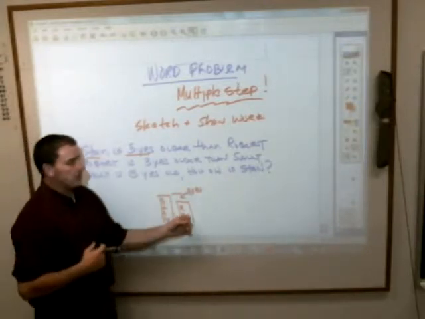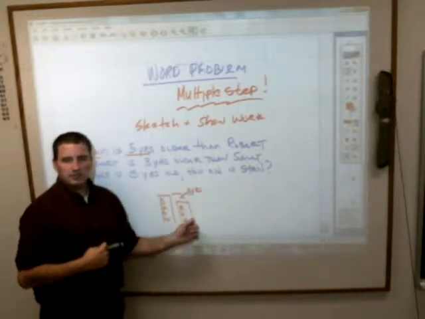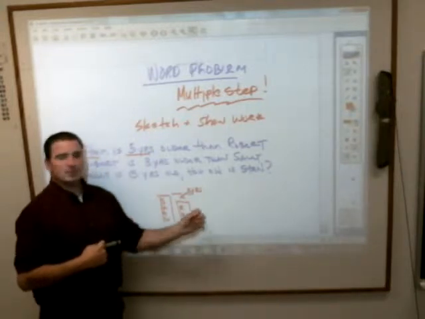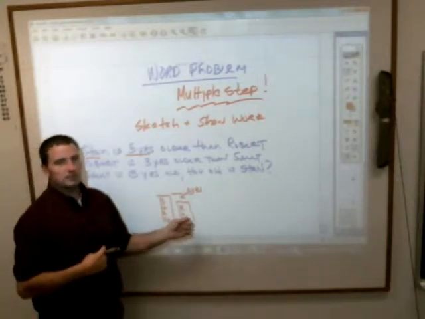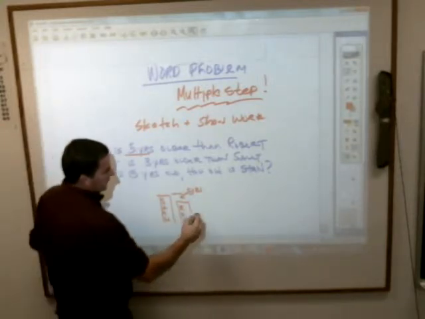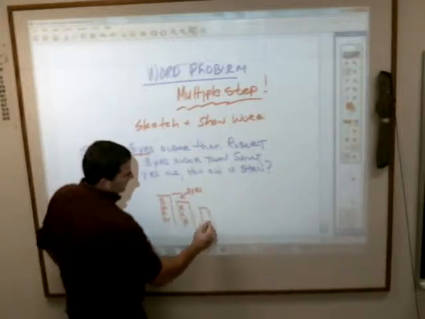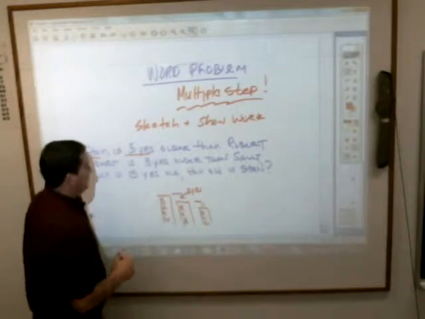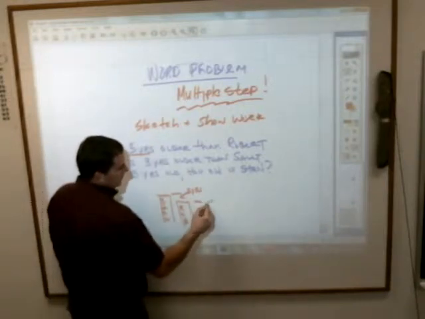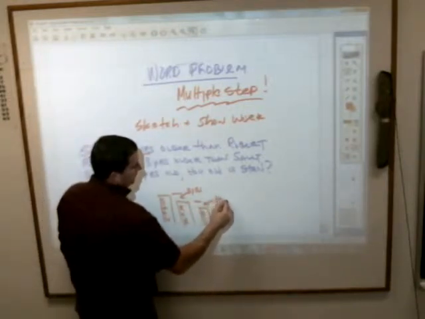So how do Robert and my next person, Sally, compare? Is Sally going to be bigger than Robert or smaller than Robert if Robert is 3 years older? Sally's going to be smaller again. So here's Sally, my gal Sal. And the difference between her and Robert is 3 years. So there's a gap of 3 years there.